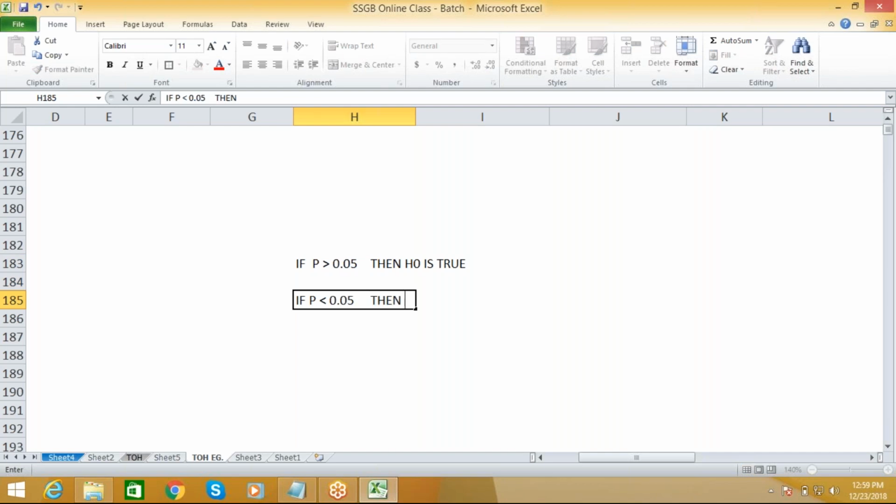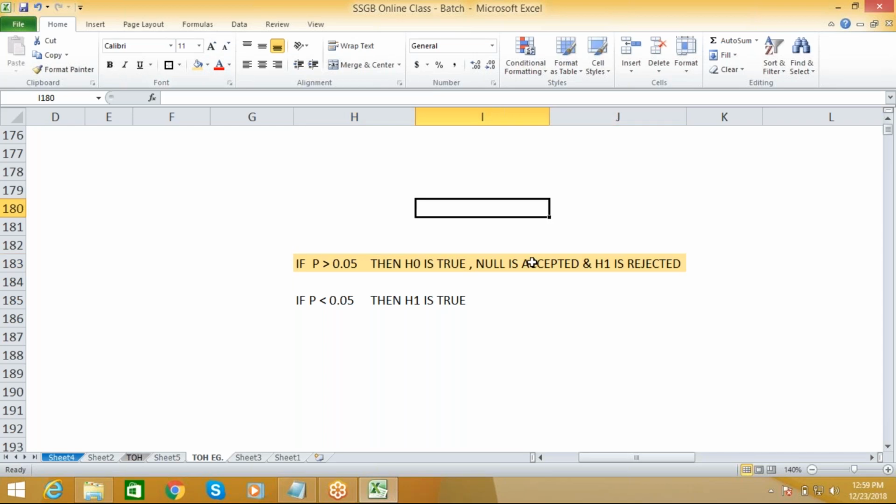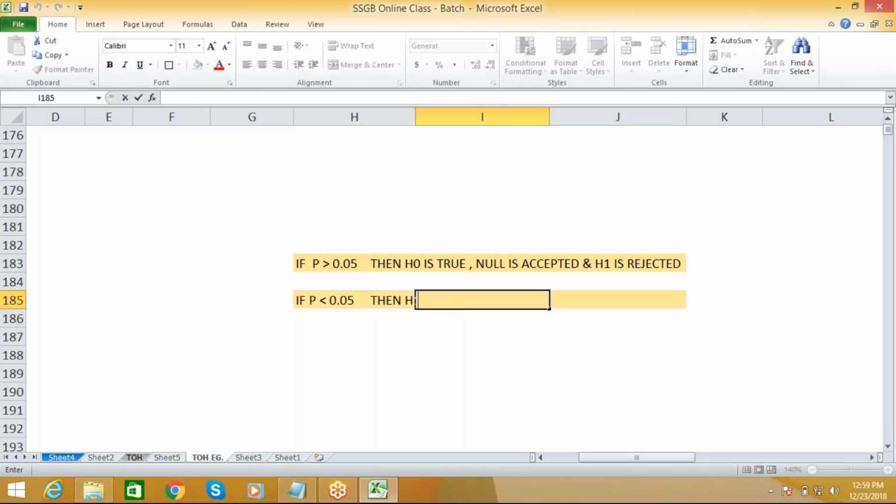If it's less than 0.05, then we say the alternate is true. In the first case, the null is accepted and the alternate is rejected. If the p-value is less than 0.05, then the alternate is true and accepted.